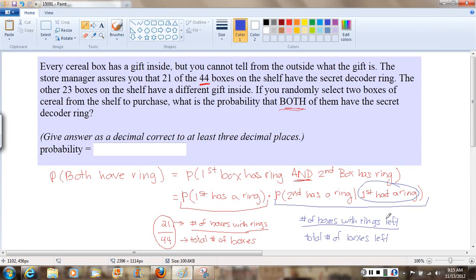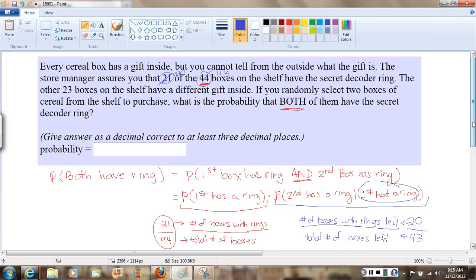We used to have 21 boxes with rings, but we know that we got a ring in our first box. That's the thing we're conditioning on. So now for our second pick, there's no longer 21 rings. There's only 20 rings left, 20 boxes with rings. So this numerator is going to be 20. For my denominator, there's no longer 44 boxes left. Now there's 43 boxes left. So my denominator there will be 43.